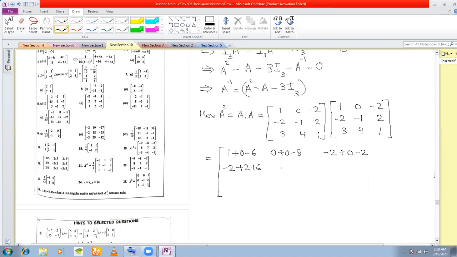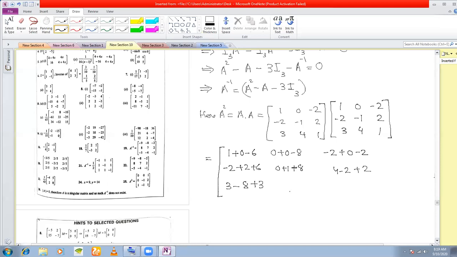Second row, second column: 0 plus 1 plus 8. Second row, third column: 4 minus 2 plus 2.